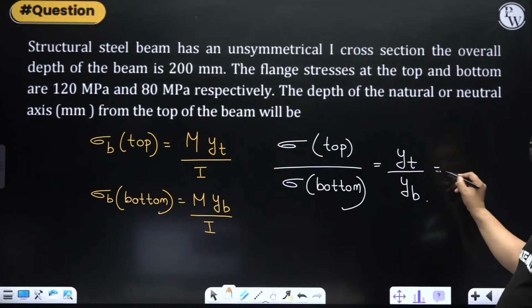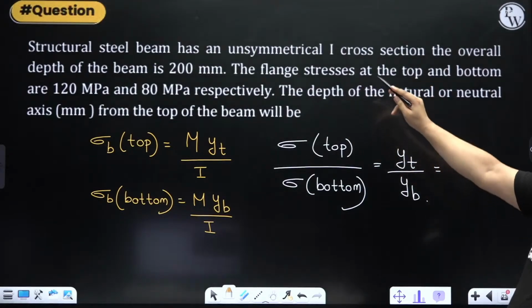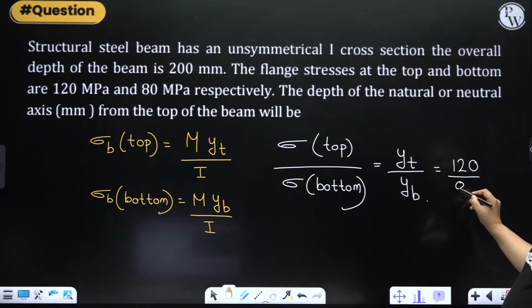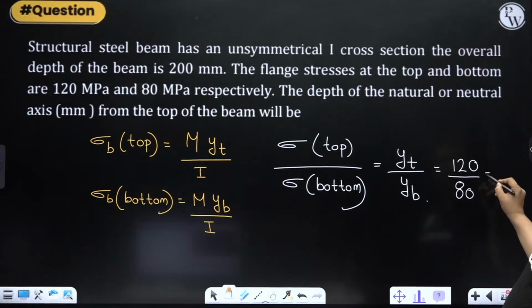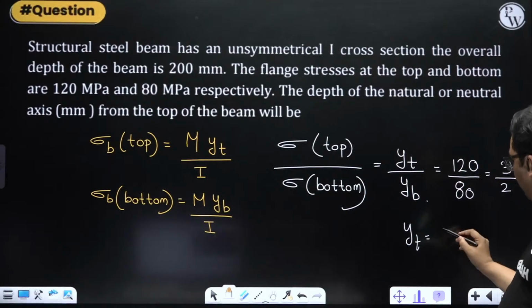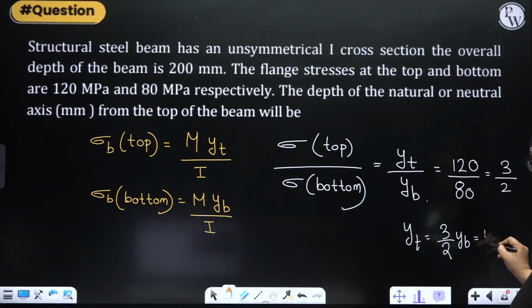So here, what is given? The top stress is given as 120 and the bottom is given as 80, right? That means this ratio is 3 by 2, or from here y top is equal to 3 by 2 y bottom, or I can say 1.5 y bottom, right?